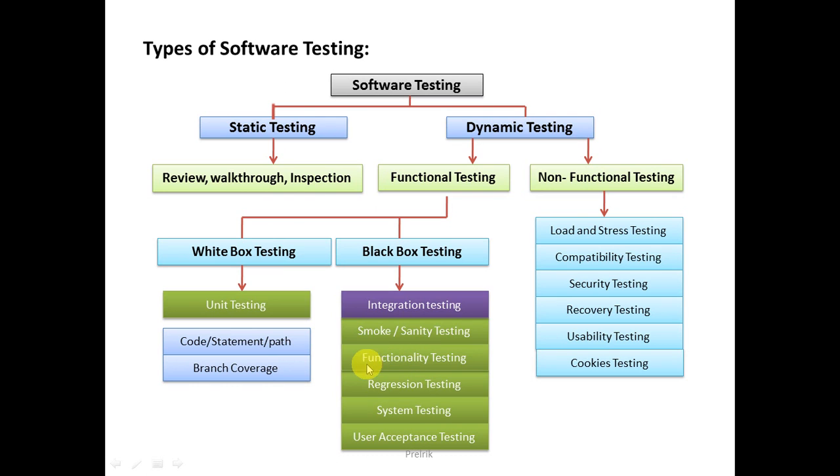So functionality testing will cover only those newly implemented features, A and B. And what will regression testing do? Regression testing will test those already existing 10 functions. Like I said, in the product requirements 1 to 10 were already there, and requirements 11 and 12 are newly introduced.